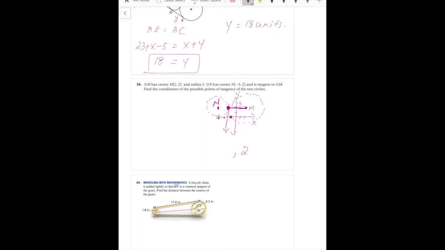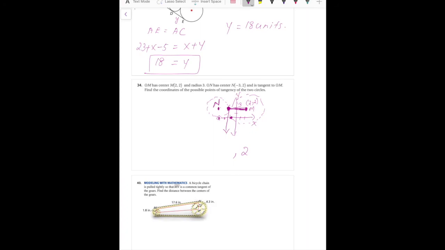So that means this distance is 3. So this one is what? (2, 2). This is (2, 2). So if they are straight like this, the point of tangency would be (-1, 2). So that's one possibility.